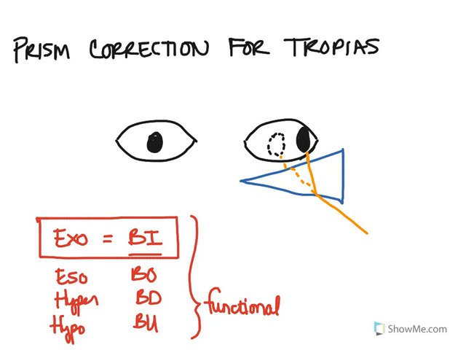So if the patient was wearing these prism glasses and somebody else was looking at his eyes, they would theoretically appear less deviated. But this use for the prism in tropias you're going to come across much less often.